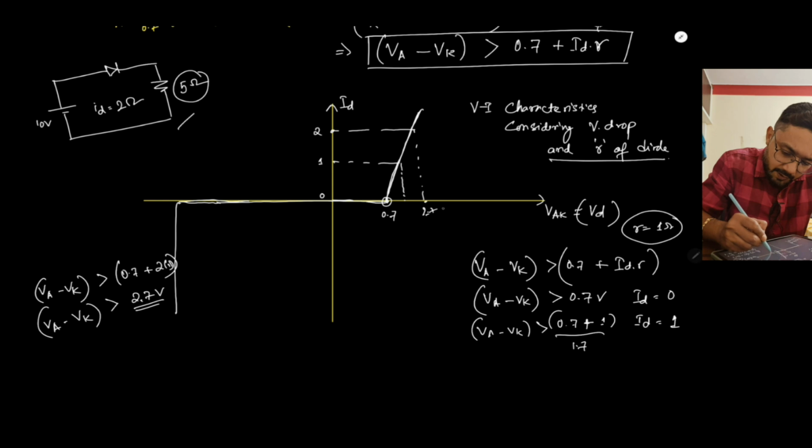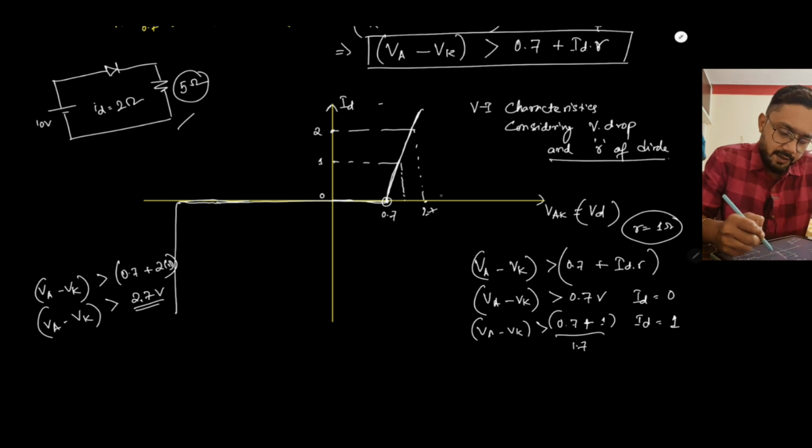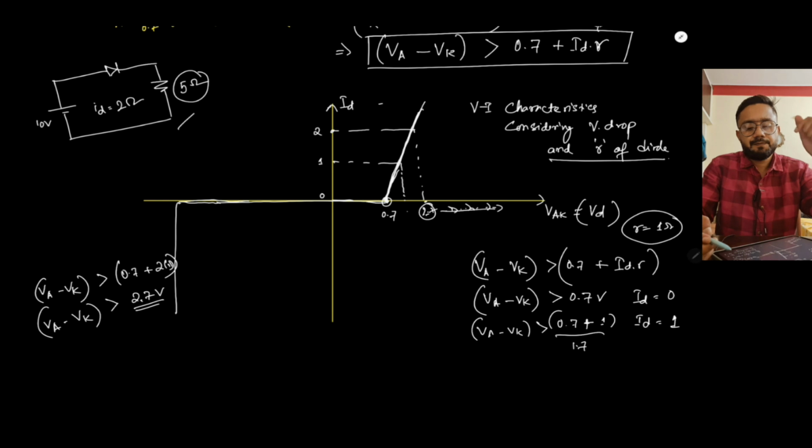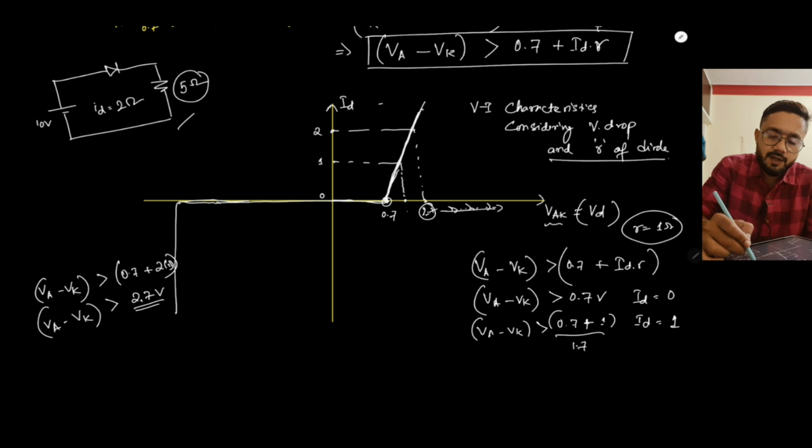So 2.7. So as you increase current, this voltage will get shifted in this direction. So it takes the shape of a slope. So this is the VI characteristics considering the voltage drop and internal resistance of the diode.